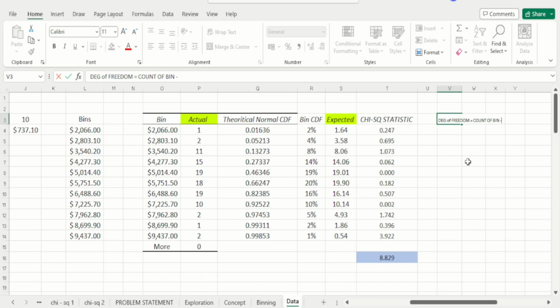From this we would subtract 1. Why do we subtract 1? If you only had one bin, there isn't much information for you to build a model. It is only when you start with 2 or more bins that you start having enough information to build a model. That's why you always subtract 1 in order to get to the degrees of freedom.